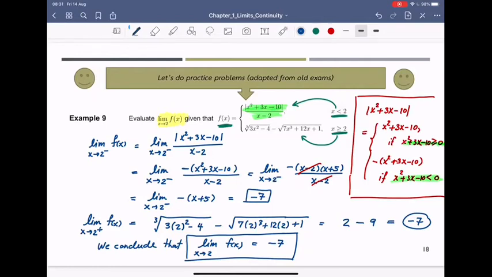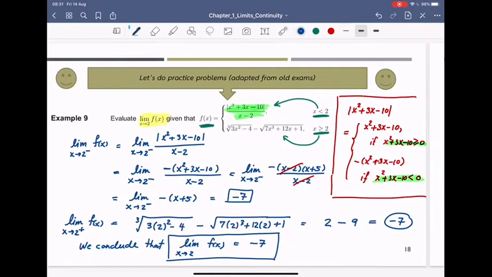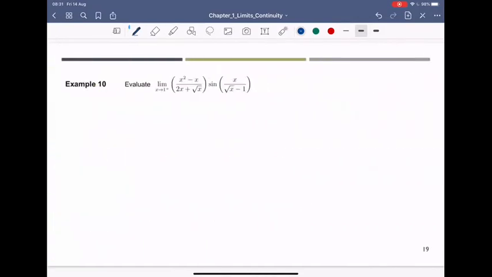All right, so let's do example 10. Two more for today. So let's evaluate the limit of this thing. So how could you do it? A student is going to say, hey, I see the sine function here and I know immediately how to do it, which is good.